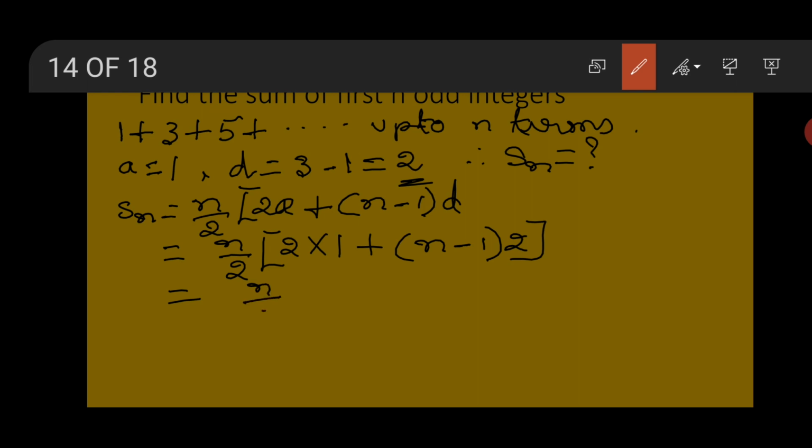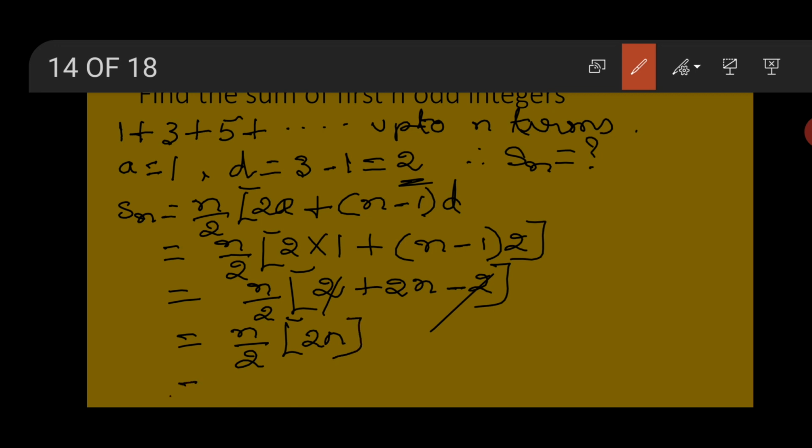Here n by 2 into 2 ones are 2 plus 2n minus 2. Now inside the bracket, plus 2 minus 2 gets cancelled, so we will have only 2n. Now n by 2 into 2n, the 2s get cancelled.